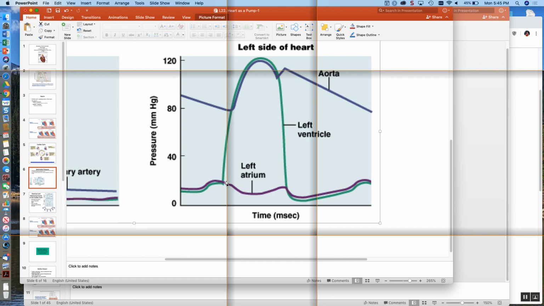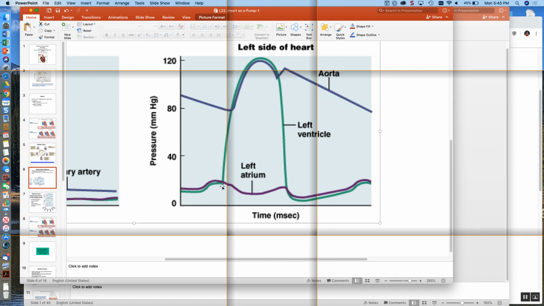So as soon as this green line goes above the purple line, that's when AV valves shut, lub. Then this is the isovolumetric contraction, which is an isometric contraction. Muscle's not allowed to shorten yet. Again, this is isovolumetric because there's no change in blood volume.